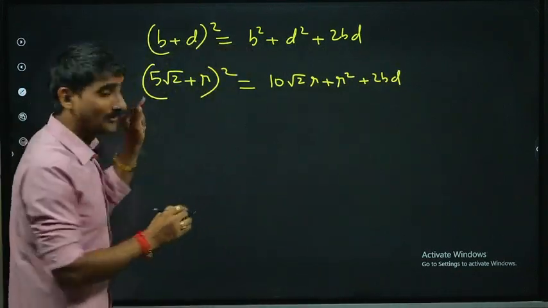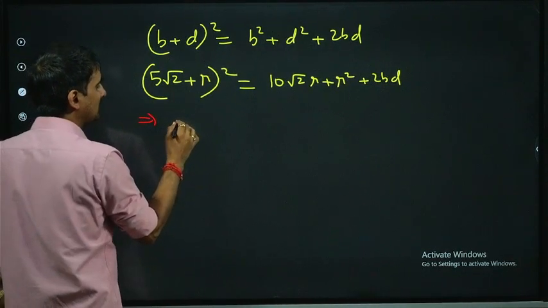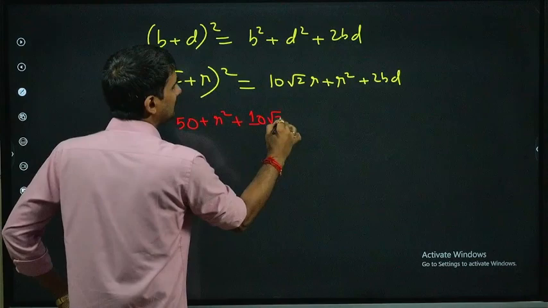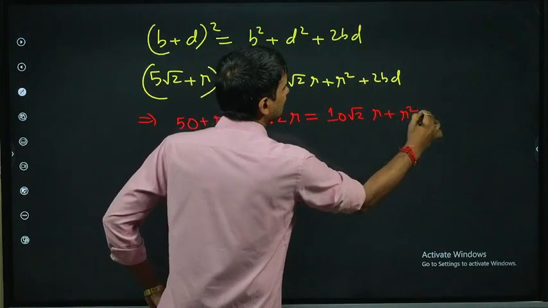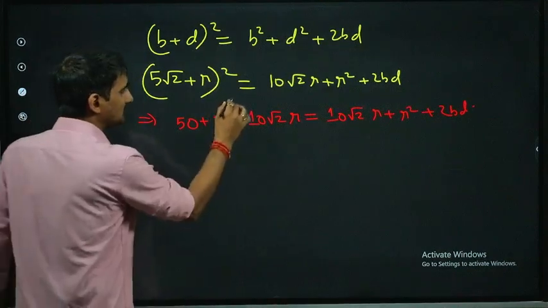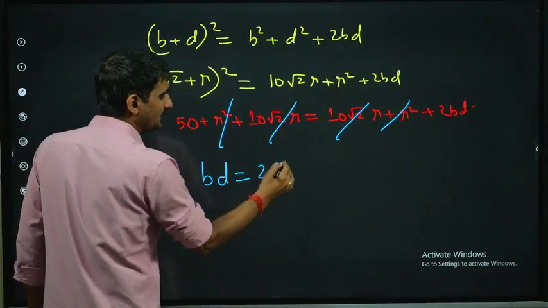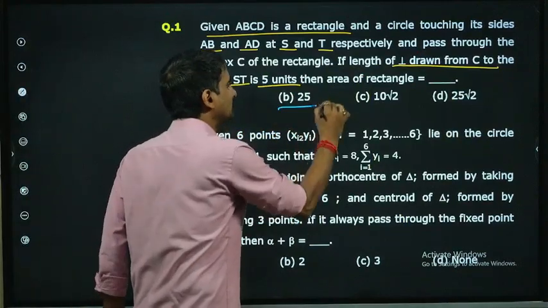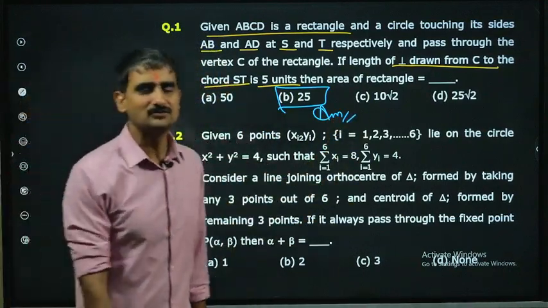Opening this square, we get 50 plus 10 root 2 r plus r squared, and everything automatically fell in line and we got it. So these terms get cancelled. So B into D is nothing but 25. Hence the area of the rectangle is 25 units. So that's the answer here. That was quite an interesting question.